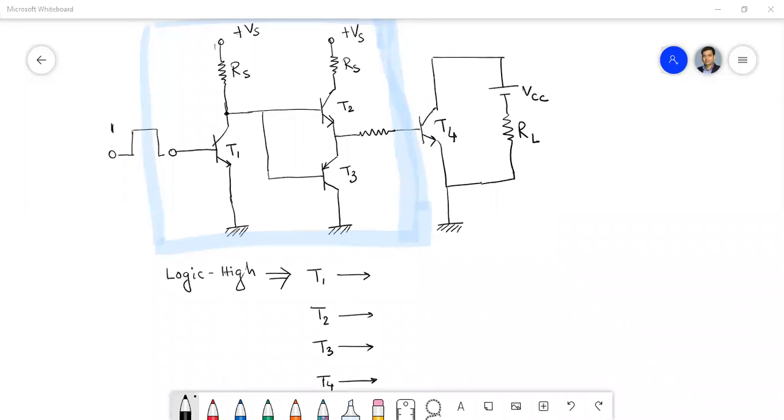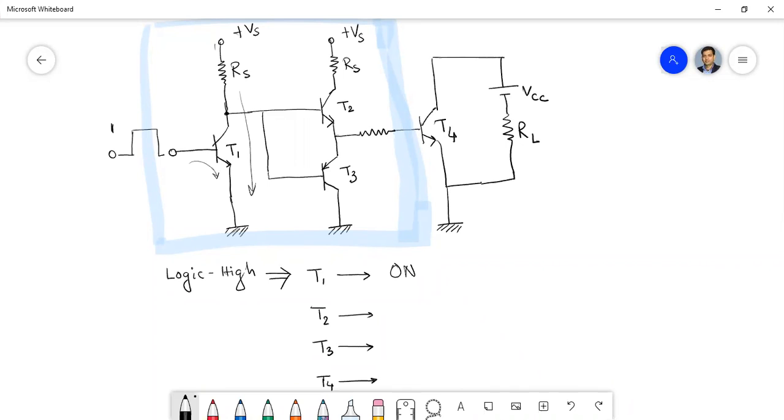So you are correct. That means if T1 is on, this path is open, so the current can flow through it. The collector emitter current will flow through this T1 transistor. That means the collector emitter voltage is very small.